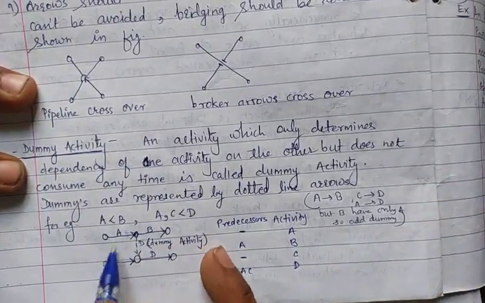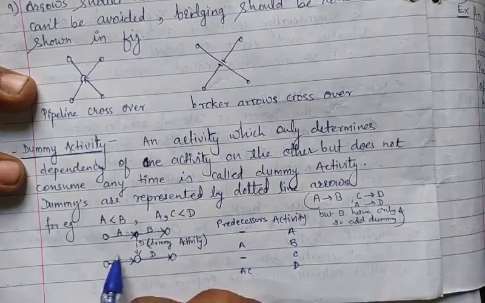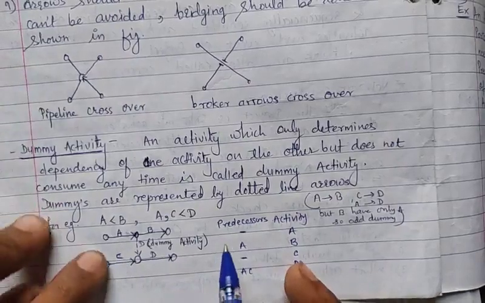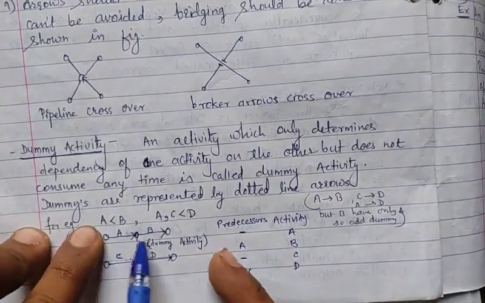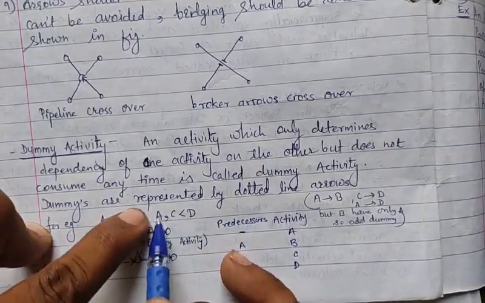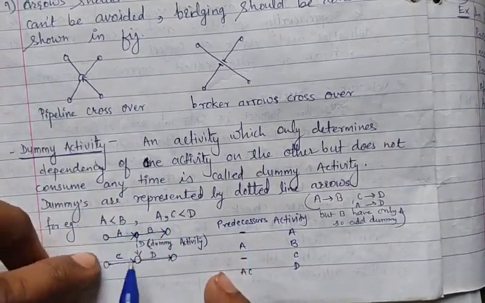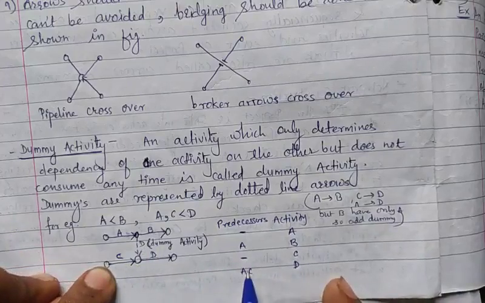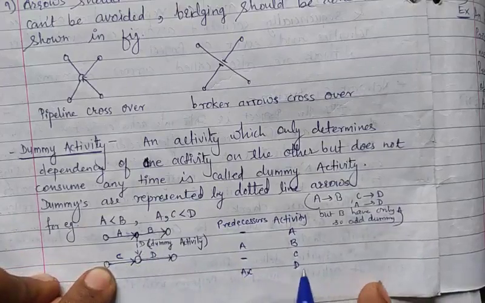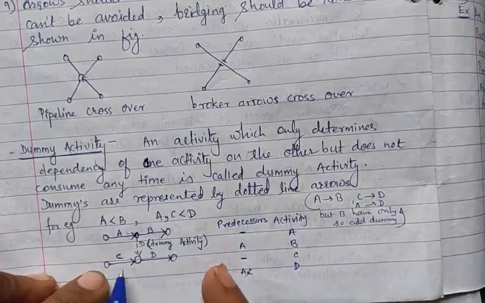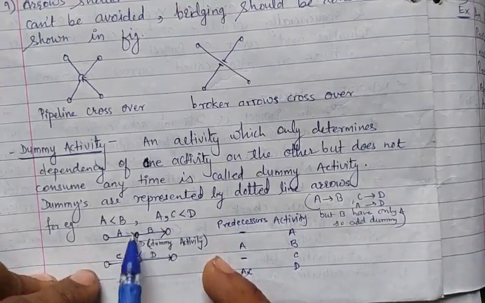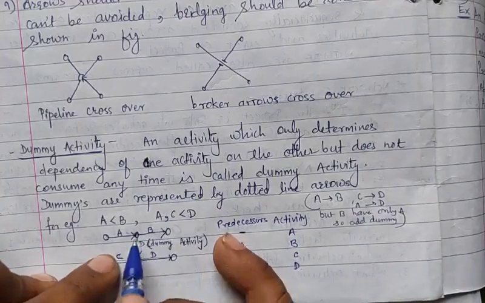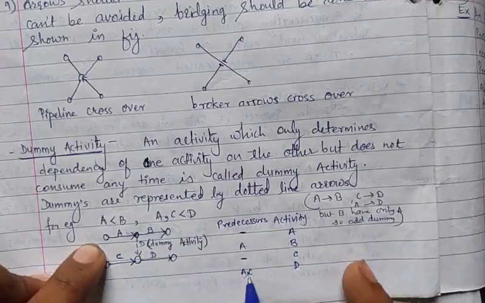So this is activity A and this is activity C. Now A goes to B. Now A goes to D, and C goes to D. So we want to make this relation.